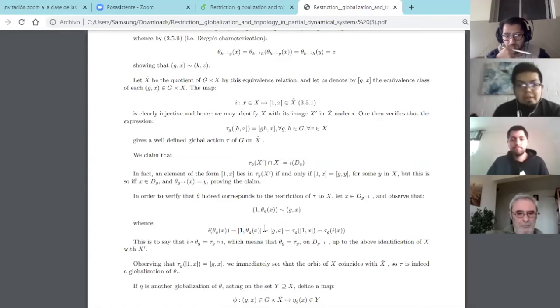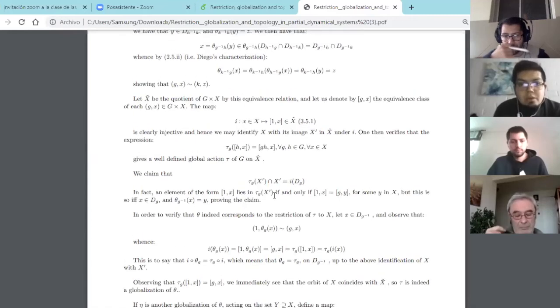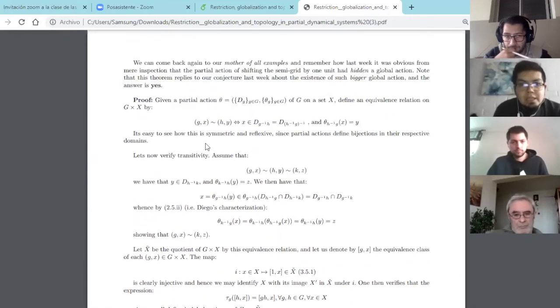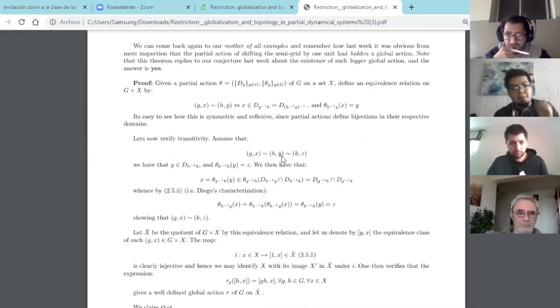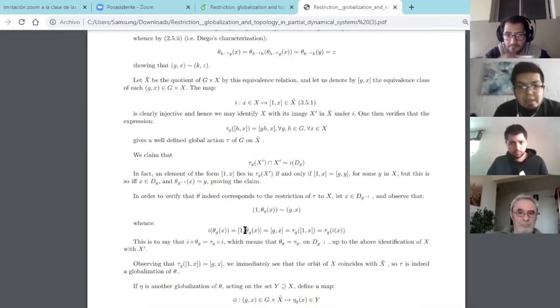To say it somehow, if I can always take H to the other side, then all the equivalence classes have a representative stated as 1 in pair with the element of this space.